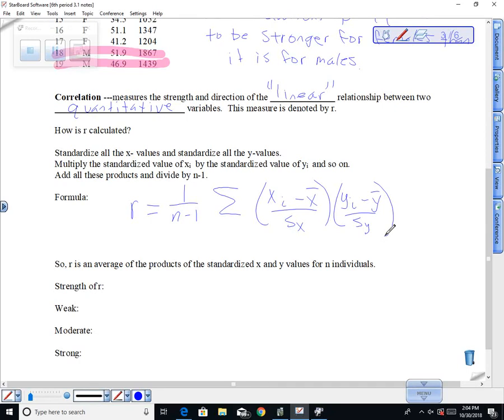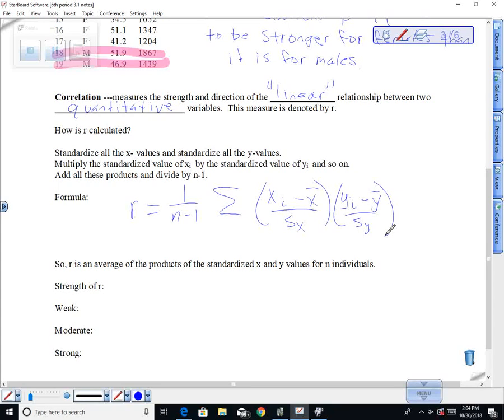But I show you this because I want you to understand that, let's say I were looking at age in months compared to weight, and I get an R of 0.86. Then I decide I really don't want this in months, I want it in days.